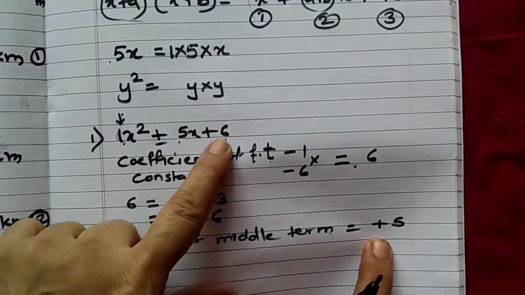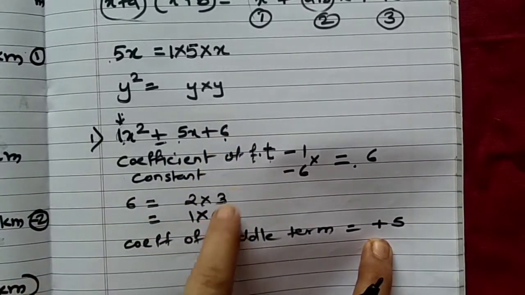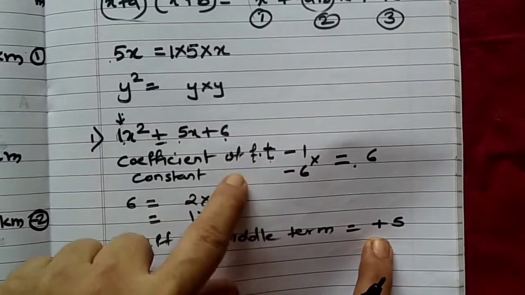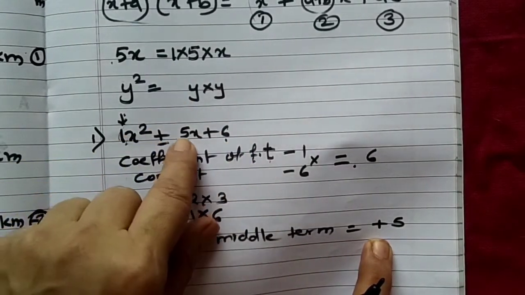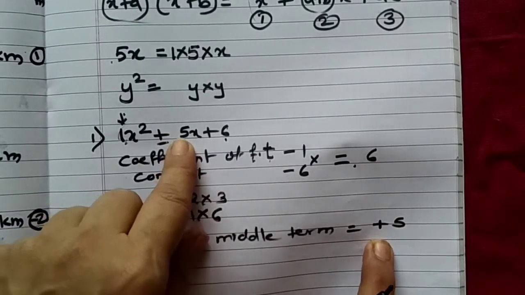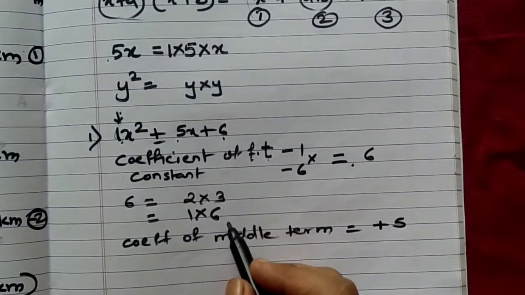Because the multiplication of both these factors is 6. 2 into 3 is also 6 and 1 into 6 is also 6. But which factor out of these two we are going to take will be decided by the coefficient of the middle term with its sign. Now here we want plus 5.